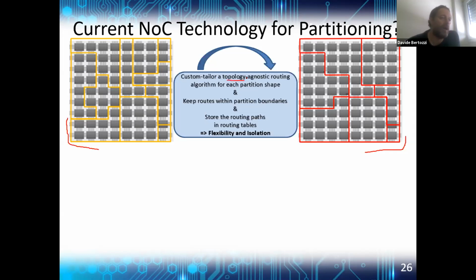For instance, X and Y doesn't work here because X and Y works only on a regular rectangle. But if you want to support arbitrary partition shapes or some flexibility, you need to revert to a routing algorithm that can route packets in any kind of topology. They are called topology agnostic routing algorithms.